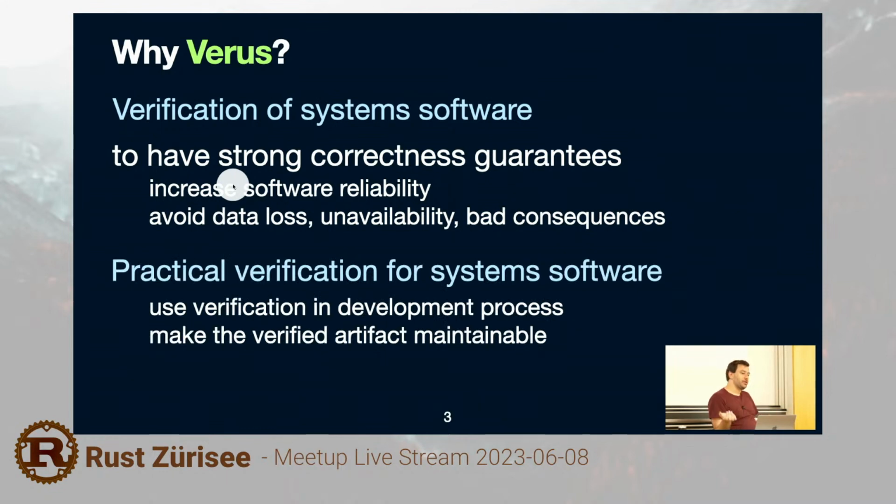But also, if we want to be able to use these techniques in the real world, we need to be able to use the verification process as part of regular development. We need to be able to build up the program while we verify it, and then keep this verification going. And also, once we've constructed the program, we need to be able to maintain the artifact and maintain the proofs that we will see will be necessary sometimes.